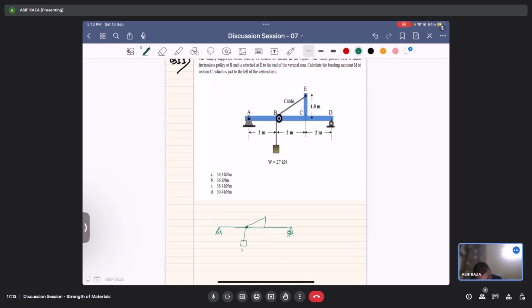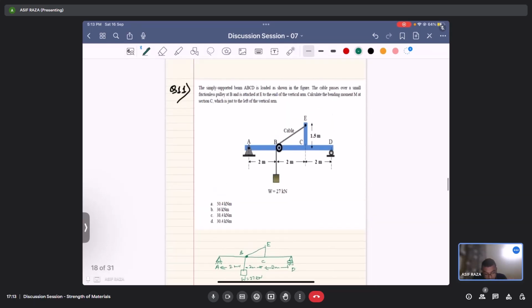There is a load W of 27 kilonewton here. A, B, this is B, C, D, E. Okay, 2 meter this, 2 meter this, and 2 meter this.